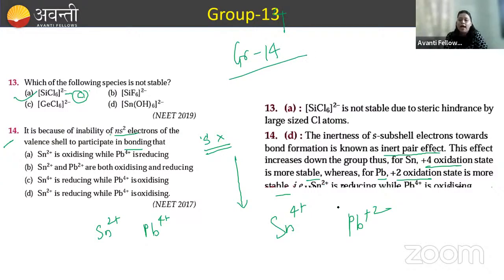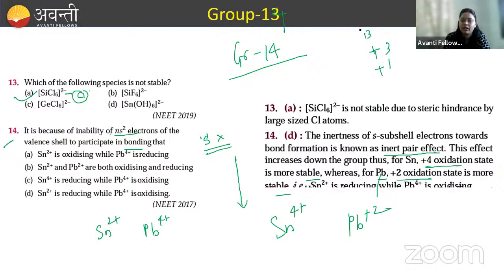ठीक है, तो यहाँ पे Sn4+ है और यहाँ पे Pb2+ है, क्योंकि जैसे जैसे हम लोग नीचे जाते हैं, मैंने आप लोगों को ग्रुप 13 में बताया कि +3 ऑक्सीडेशन स्टेट डिक्रीज हो जाती है, और +1 ऑक्सीडेशन स्टेट बढ़ती जाती है जैसे जैसे हम लोग नीचे जाते हैं.